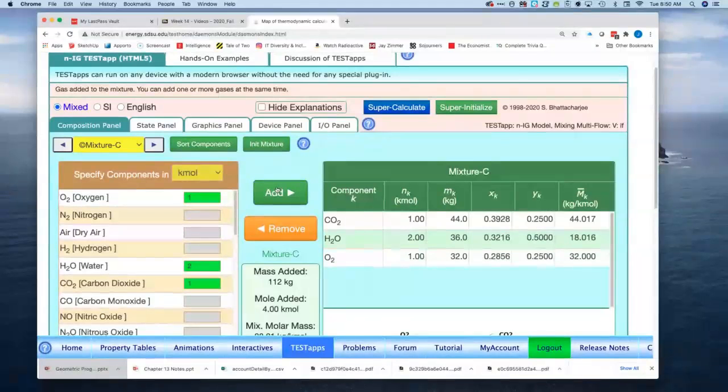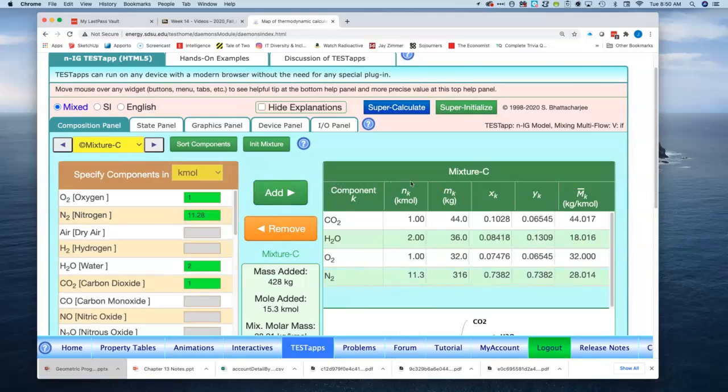And then we have the nitrogen, which I'm going to put in as equal to 3 times 3.76. And so we see that's 11.28. So now we have our mixture C.